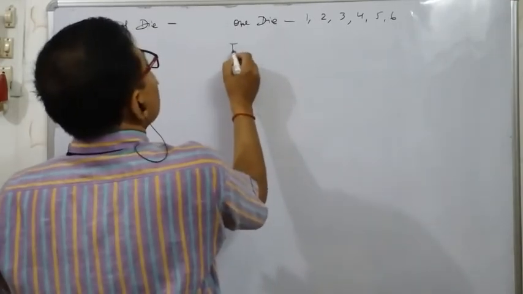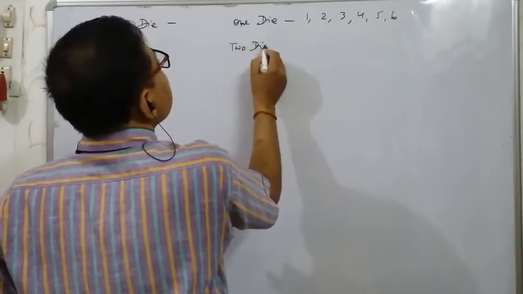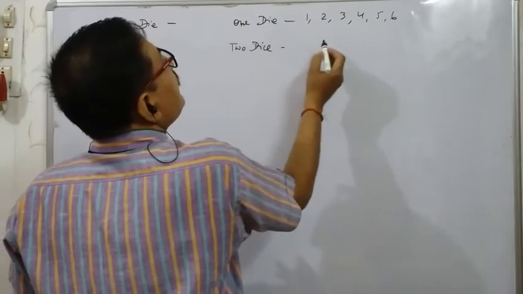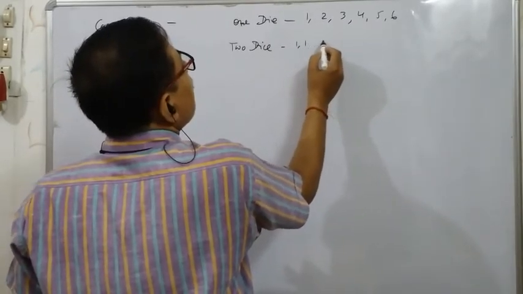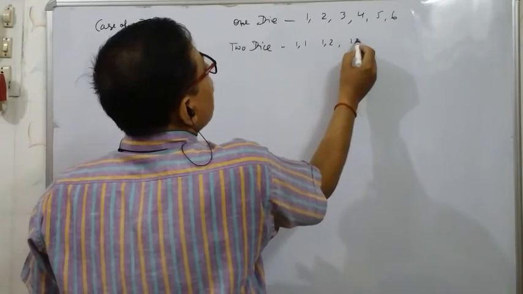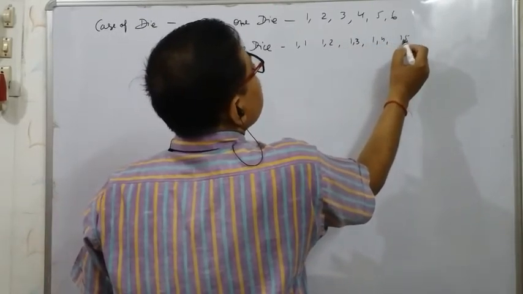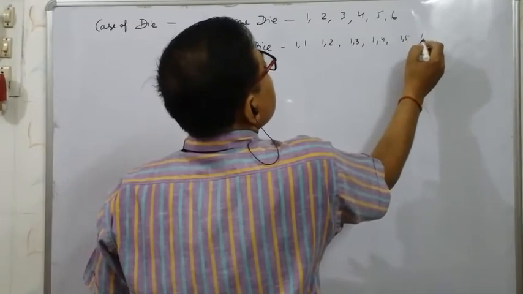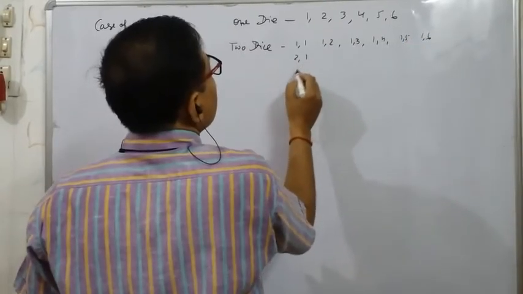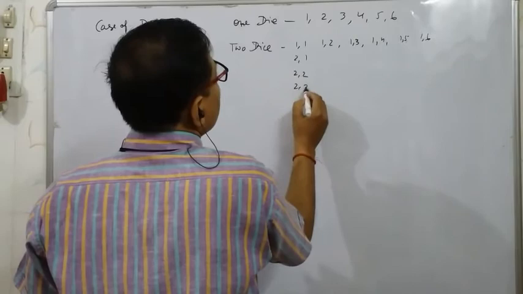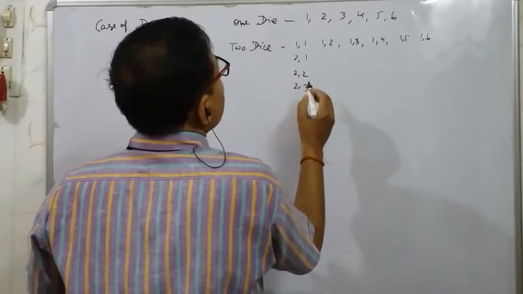And when 2 dice are there, it will be 1,1, 1,2, 1,3, 1,4, 1,5 and 1,6, and there will be 2,1, 2,2, 2,3. No, sorry.